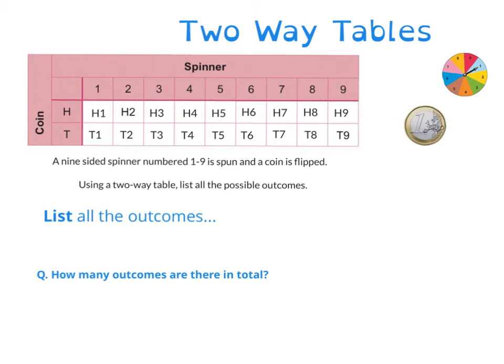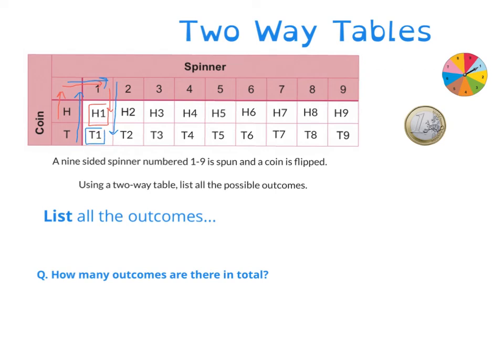To fill in a two-way table, it's very straightforward. We follow the arrows. So we come up from H, we'll come across to 1, and we'll come down and we find H1. And in the exact same way, we will come up from T, across to 1, and down a little bit further to T1.